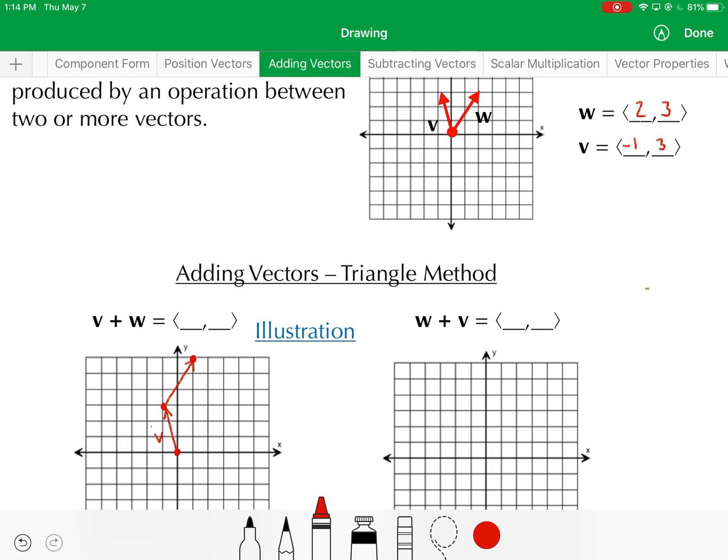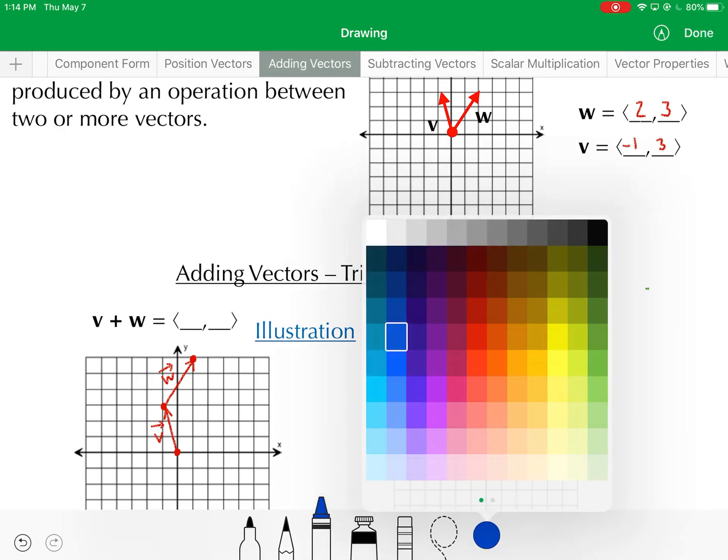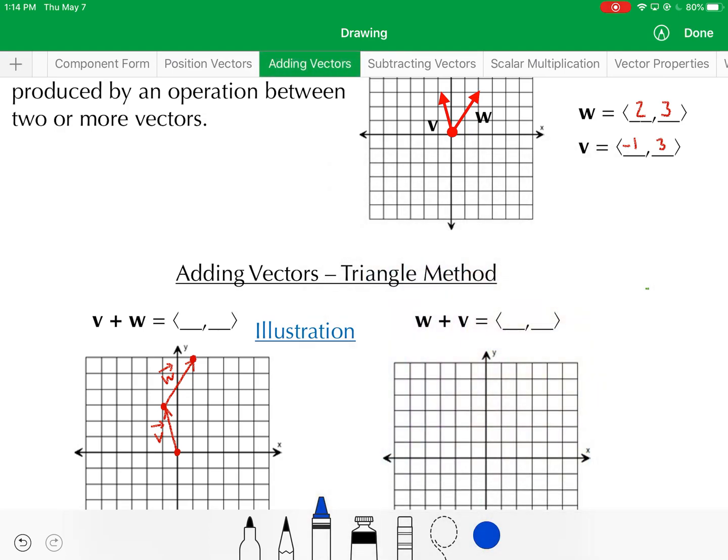Okay, so this was vector V, this was vector W, and my resultant vector, the sum of these two, would be this vector that points from the very first initial point to the final terminal point. So the vector in blue here, that's my resultant vector.